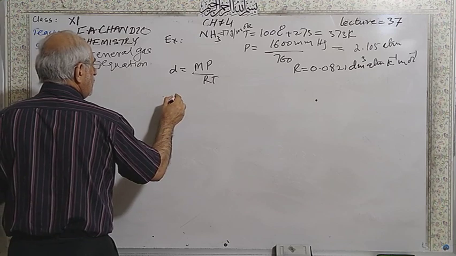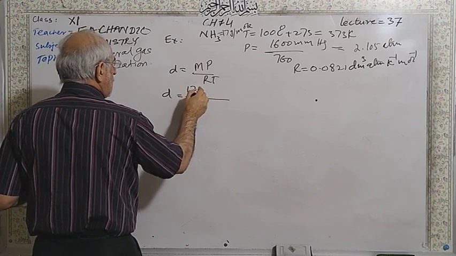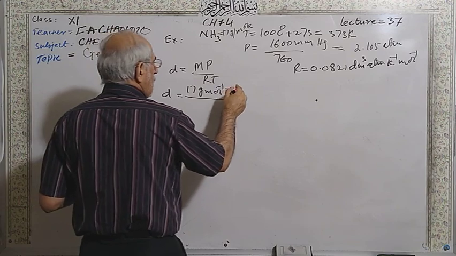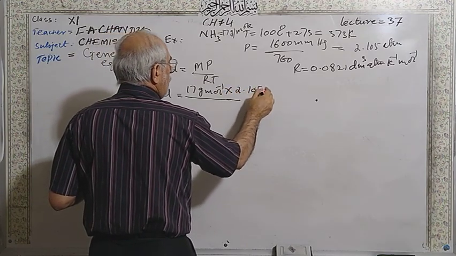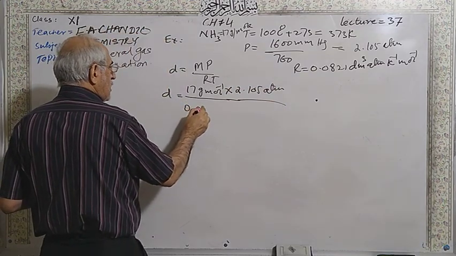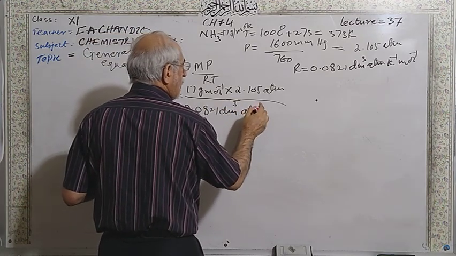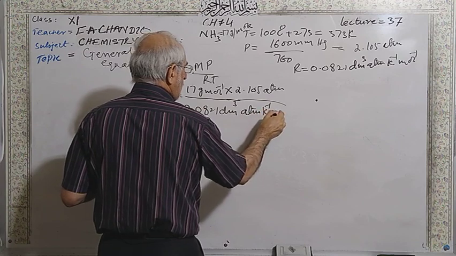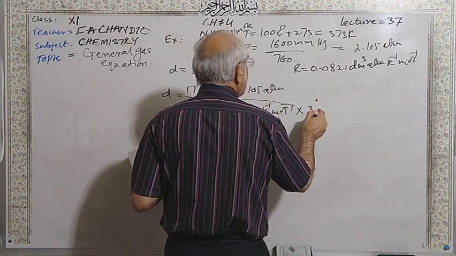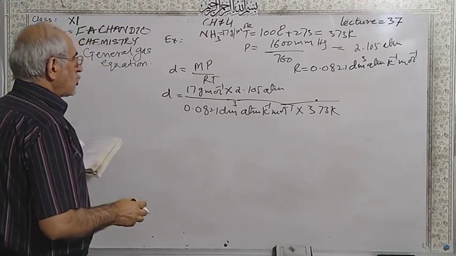D is equal to M, molecular mass 17 grams per mole, multiplied by the pressure 2.105 atmosphere, divided by the gas constant 0.0821 decimeter cubed atmosphere per Kelvin per mole multiplied by temperature 373 Kelvin.